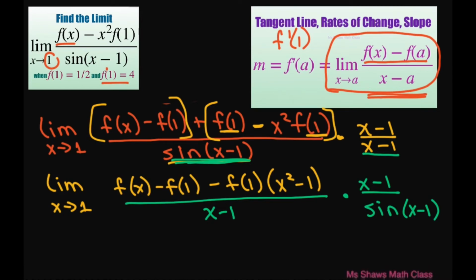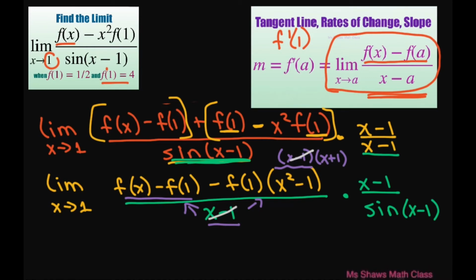Now before we move on, I'm going to divide each piece by x minus 1. But don't forget, this piece right here is x minus 1 times x plus 1. So when I divide each piece by this, these two will be canceling out.